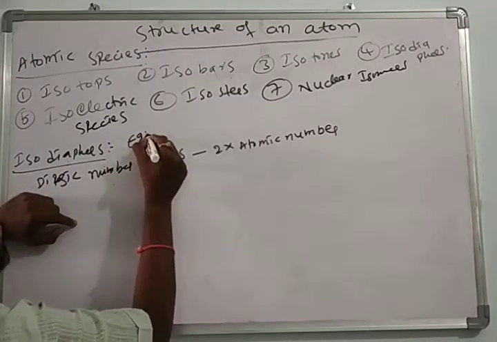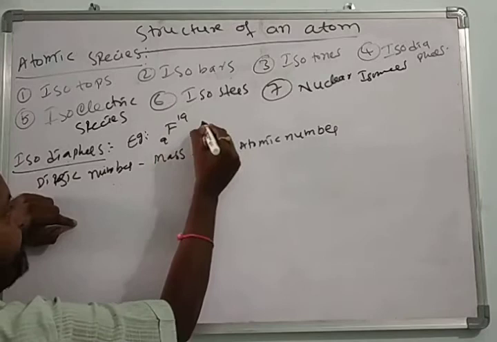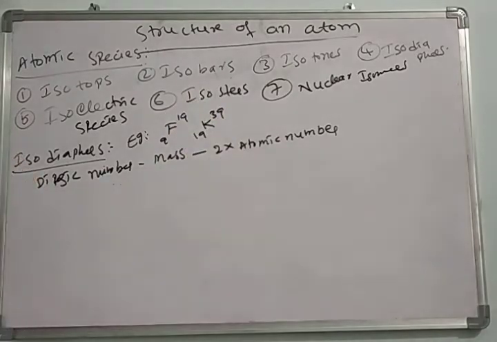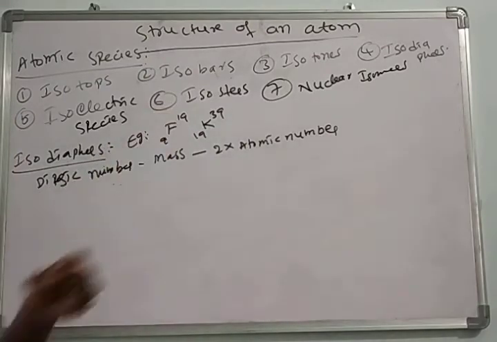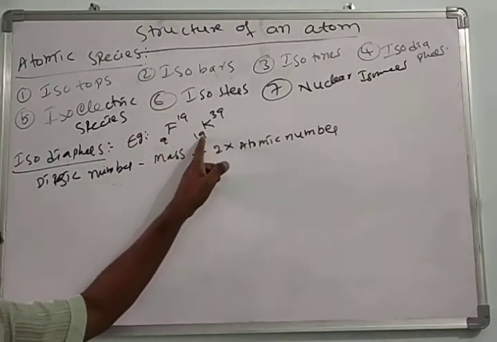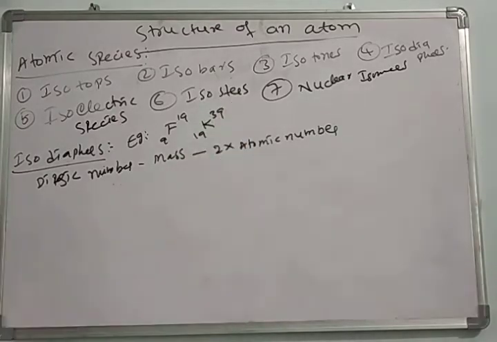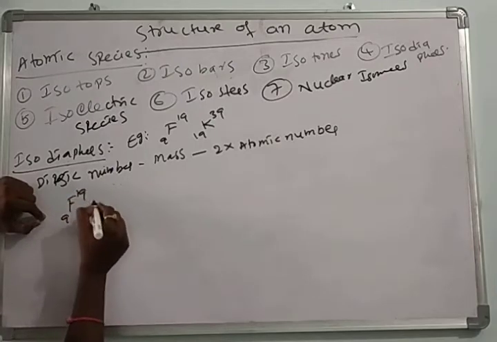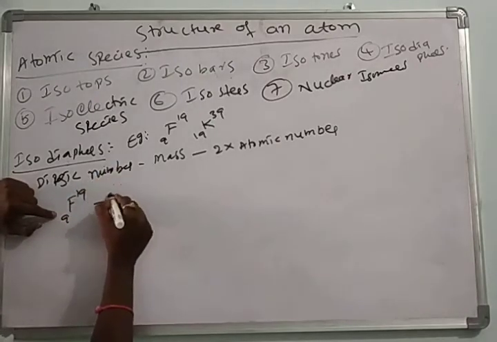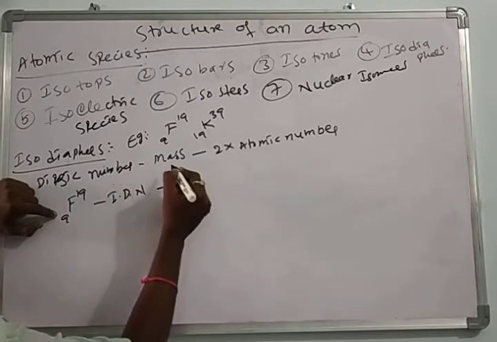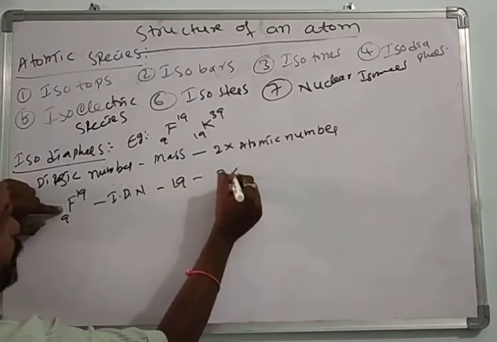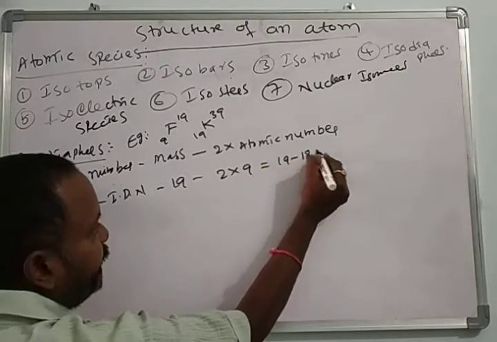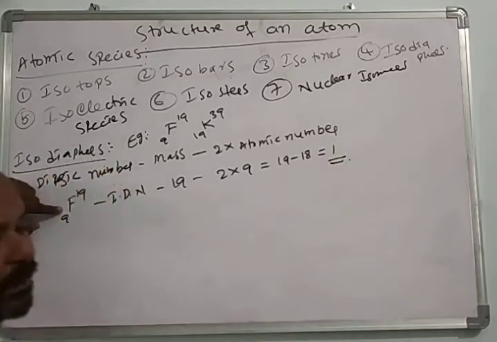Example for isodiaphers: fluorine 9 19 and potassium 19 39. Fluorine has atomic number 9 and mass 19; potassium has atomic number 19 and mass 39. For fluorine, the diaphoric number is 19 minus 2 into 9, that is 19 minus 18, which is 1.